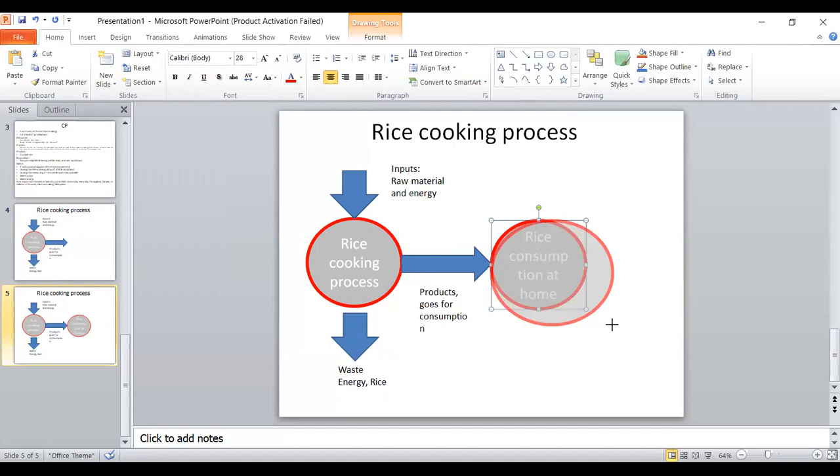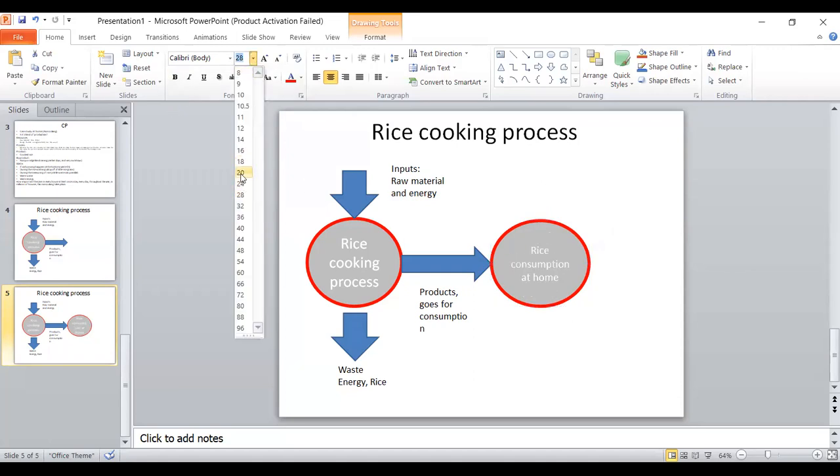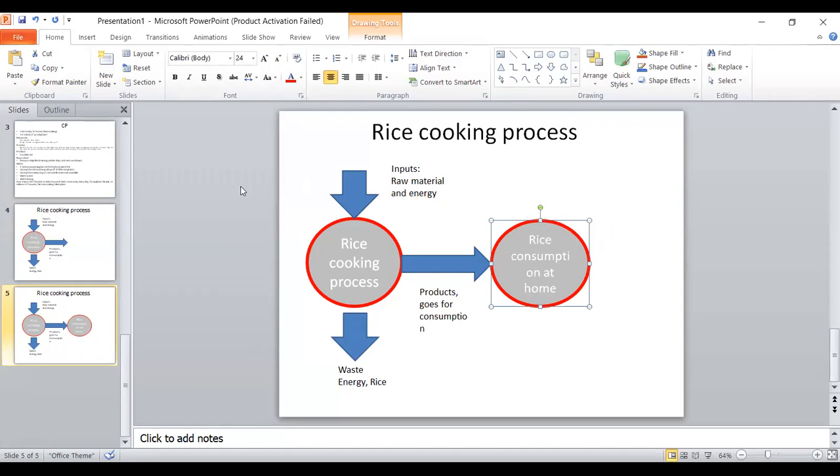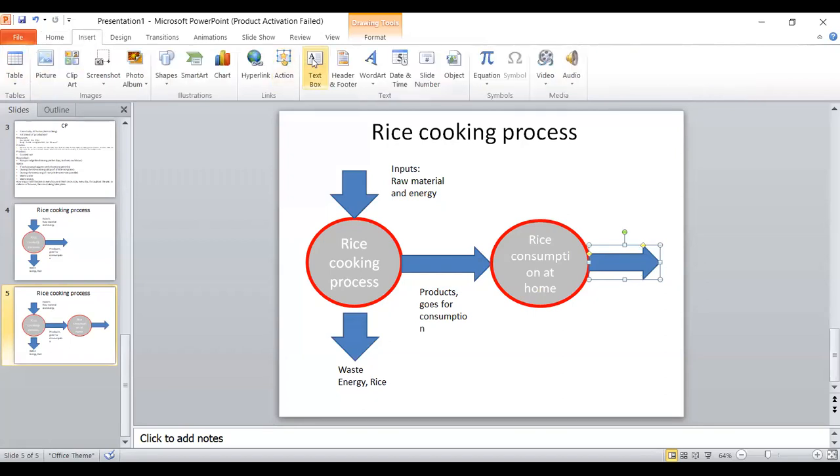Consumption at home. So in return, what is the output?